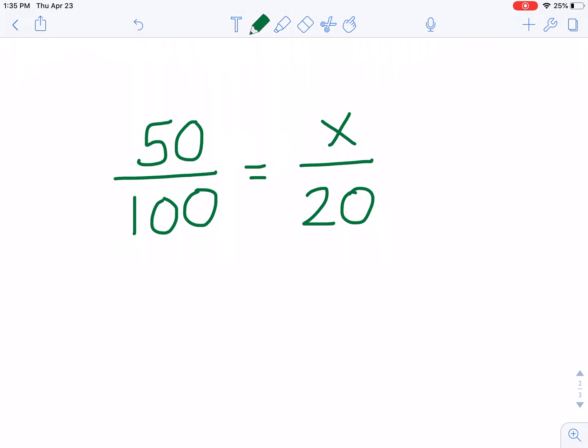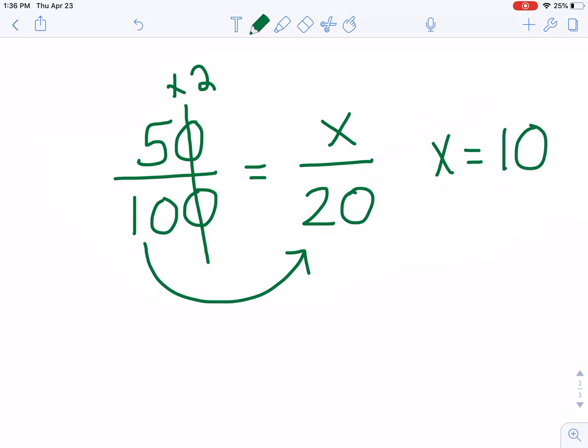And then I would have divided the top to figure out what x is. But remember what I taught you guys, that you could cross off the zeros. And now I've got 5/10. How many times does 10 go into 20? It goes in twice. So what is 5 times 2? X equals 10. Okay? So once again, there are all these different ways for you to see it. And you guys already know how to do is over of, and doing percents is just the same thing. So these are all easy percents for you to play with today.